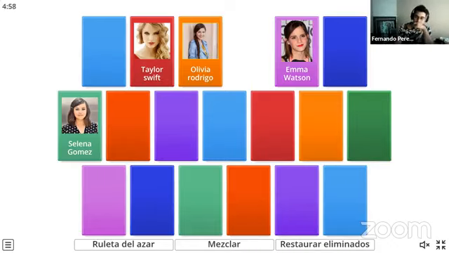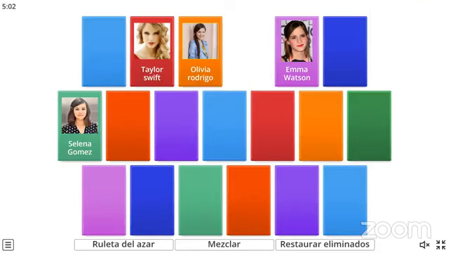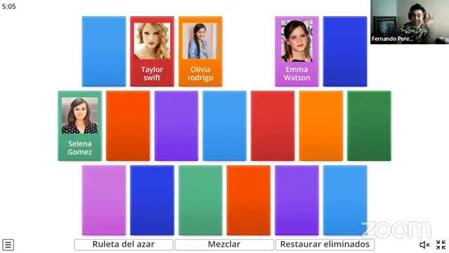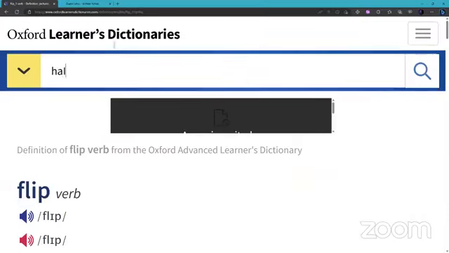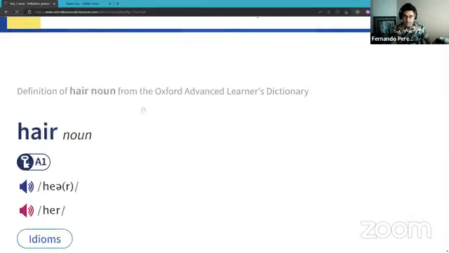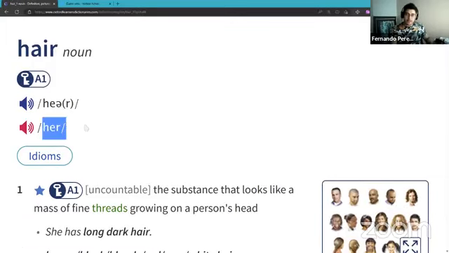Okay. Is she black haired? Excellent. How do you pronounce this word?